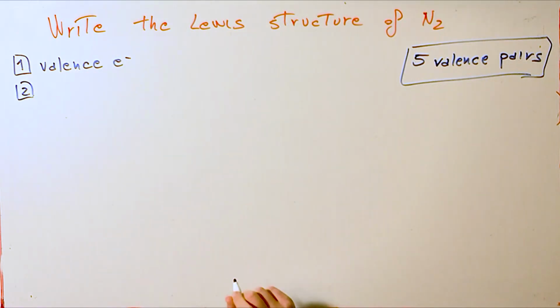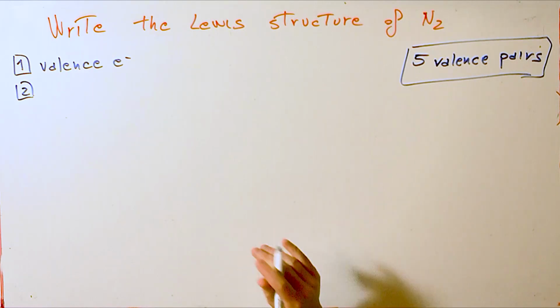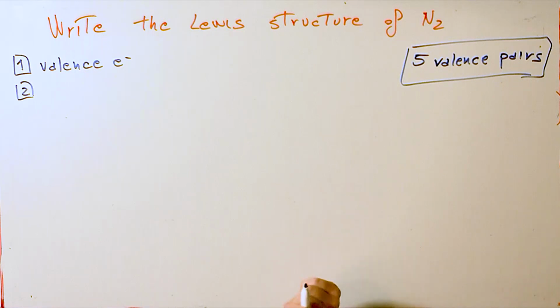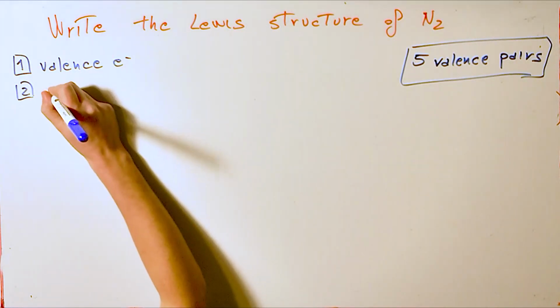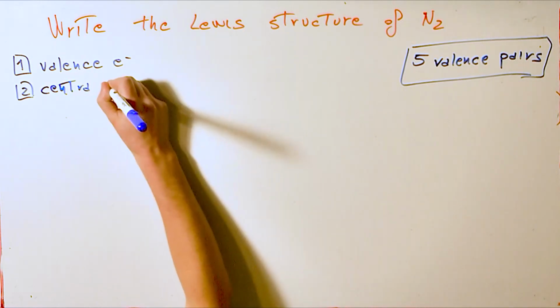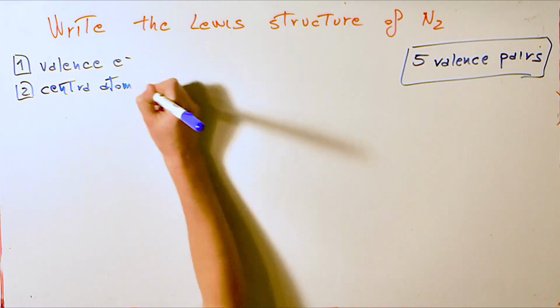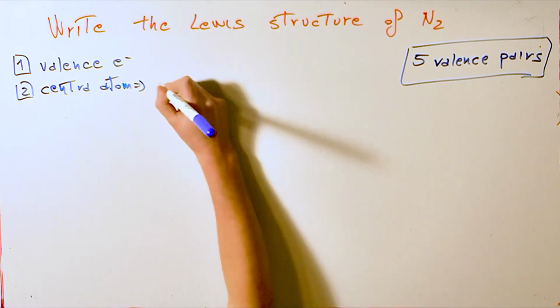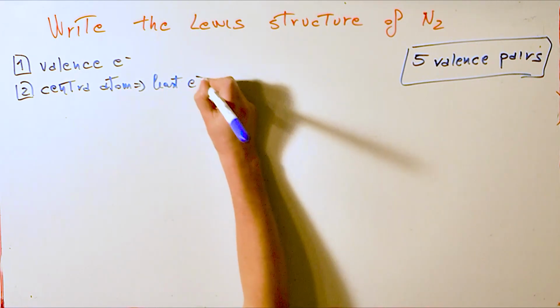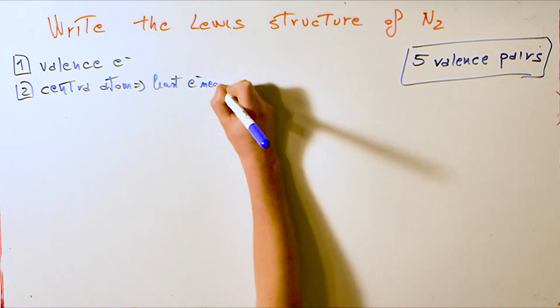Let's go to our second rule. The second rule was about the central atom. The central atom is the least electronegative atom. So it's about the central atom in the molecule, which is the least electronegative.